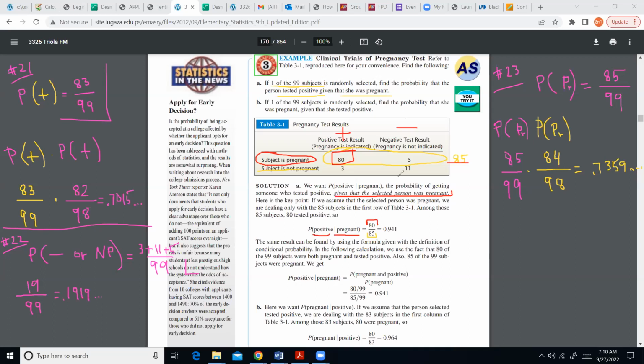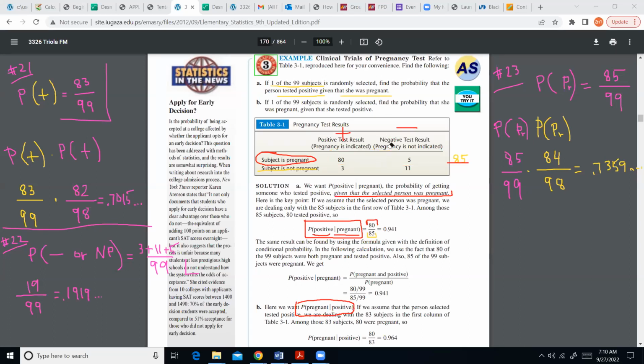The second part has very similar question, but it is not the same. You can compare what they ask in here with what we found in the first part. Notice they switched. They given that it's positive test result. So they used to give you that there was a pregnant subject.